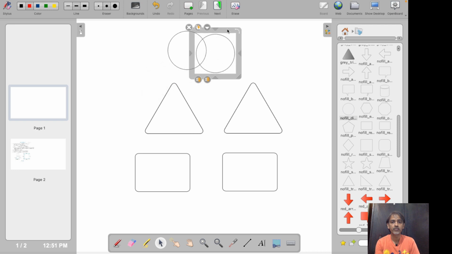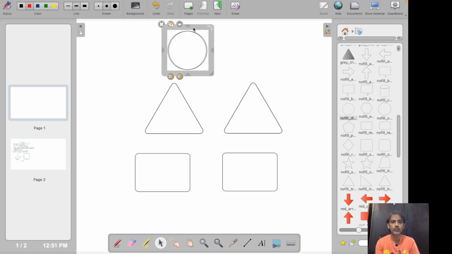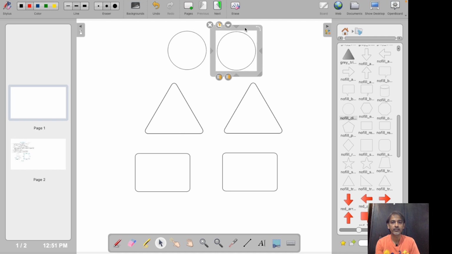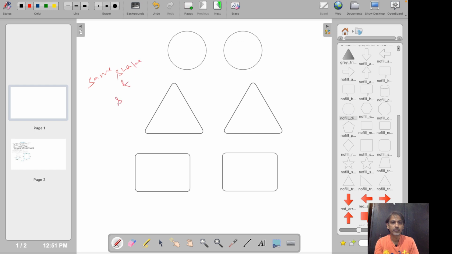Again you can see that these two are congruent shapes, and if I superimpose this on it, these two will be exactly the same, because they are exact replicas of each other. So two figures are congruent when they have the same shape and same size, right? Now they have taken this concept further and they have talked about similarity of figures.